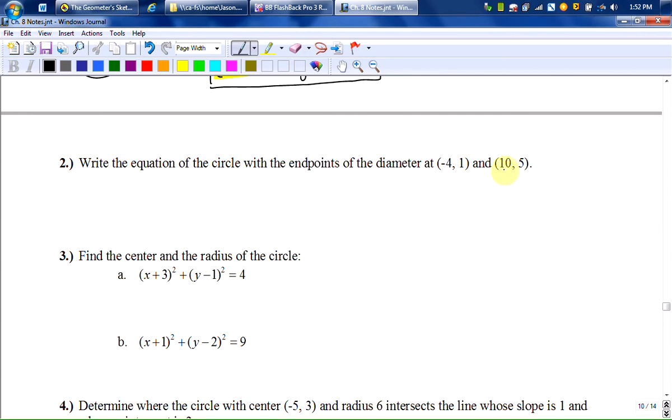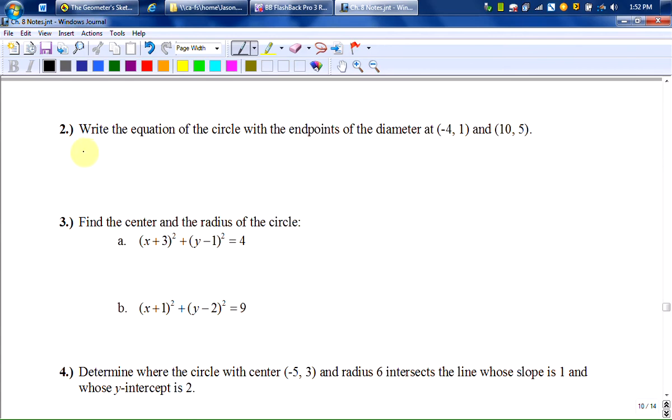Write the equation of the circle with the endpoints of a diameter at -4, 1 and 10, 5. In order to do this problem, first off, it feels like I don't have any information like the previous one. For example, I don't have the center of the circle, and that's essential.